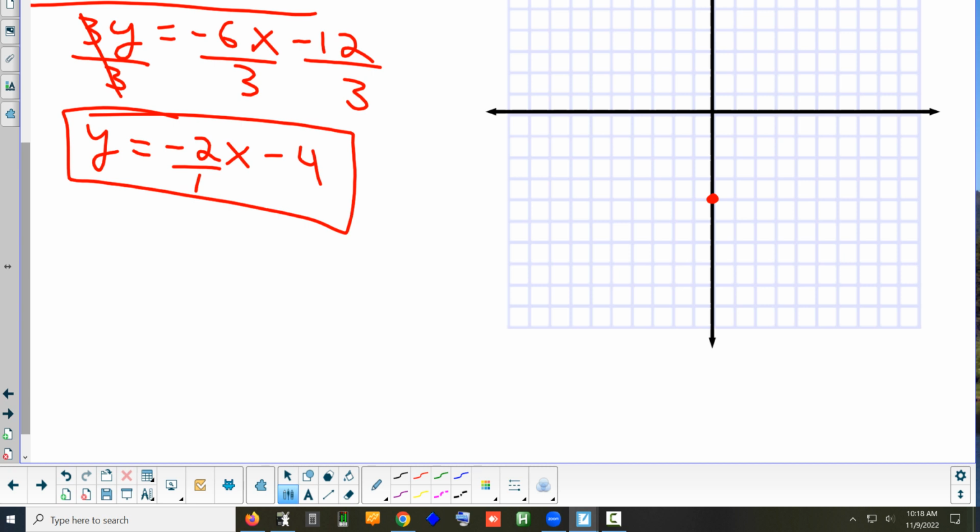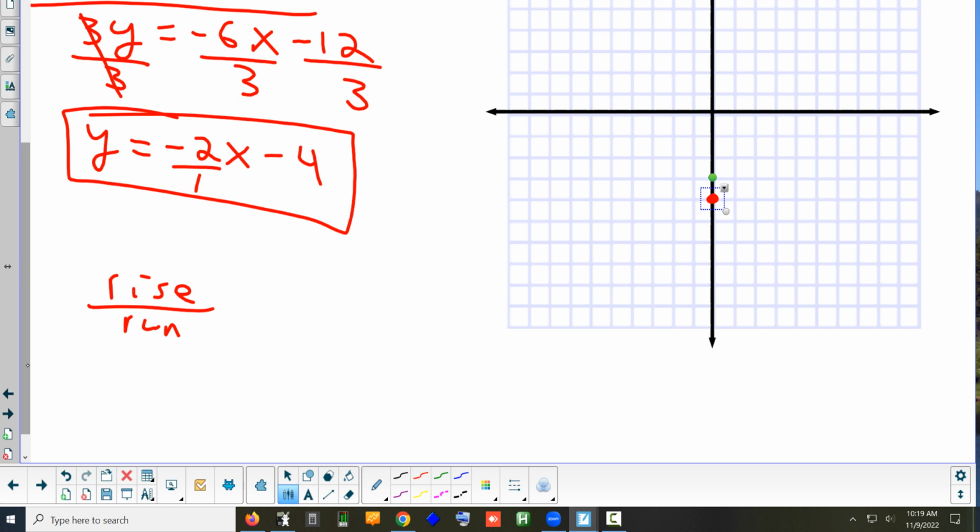All right. So now, Maya, what's my rise in that slope? -2. My rise is -2. What's my run? 1. So my rise is -2, and my run is 1. So from this point, do what the slope tells you to do.